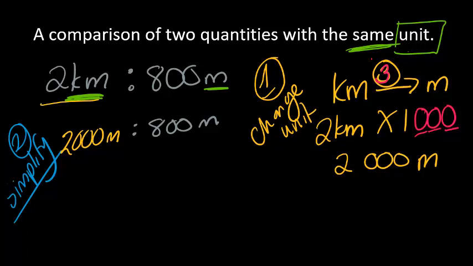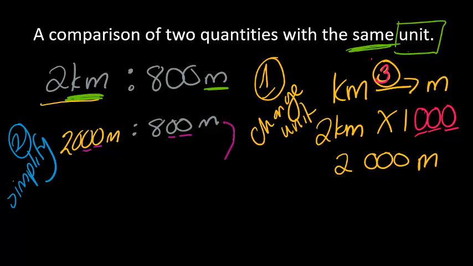Personally, I like to get rid of my zeros first. Because I have 2 zeros here and 3 zeros there, I'm literally pairing them up. I can take away 2 zeros from both sides. I can't take away 3 because not both numbers have 3, but I can take away 2.